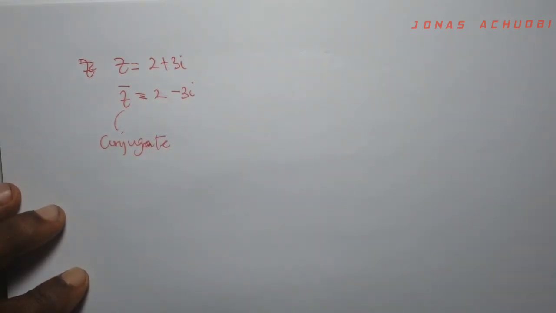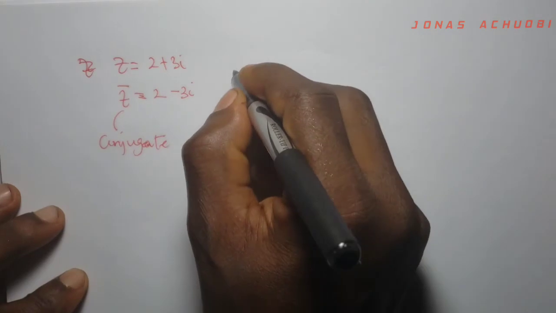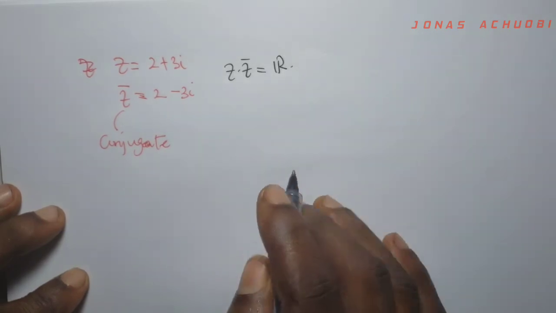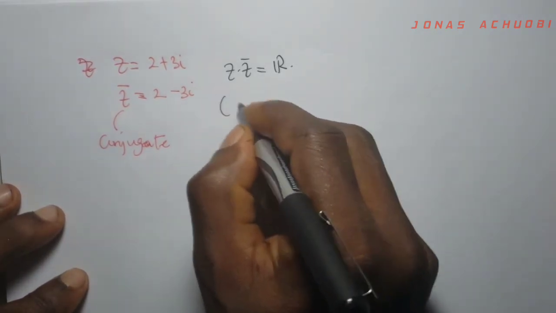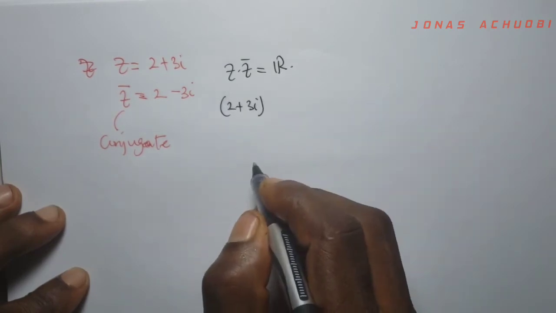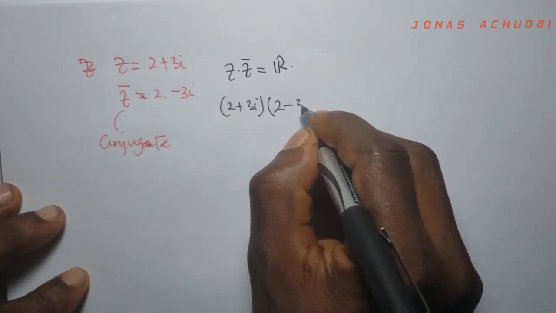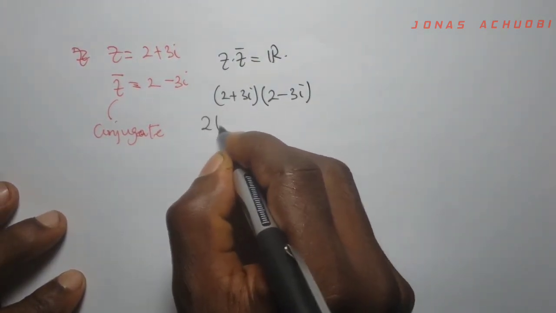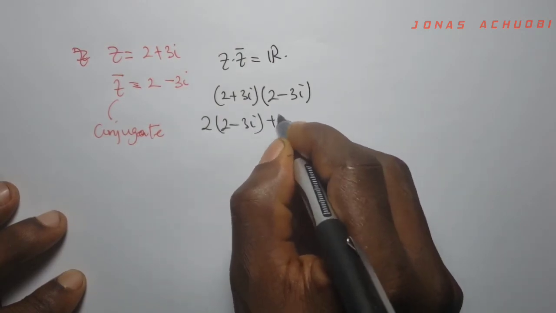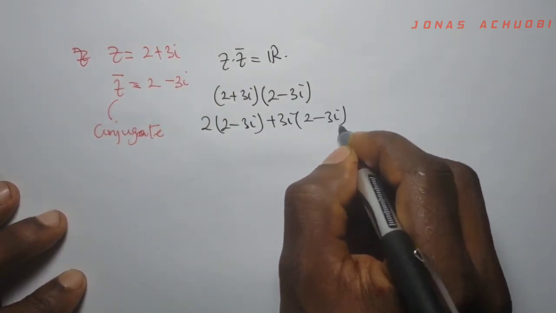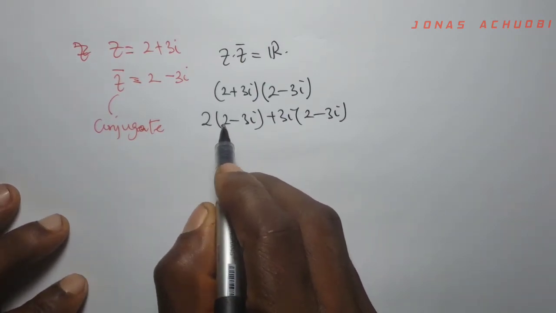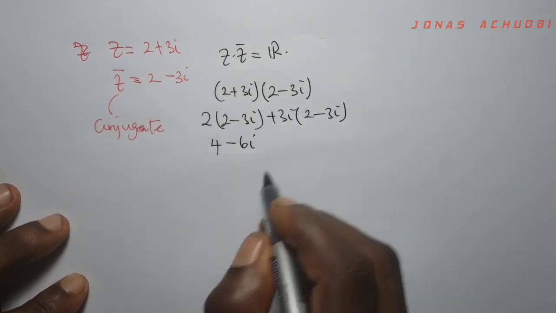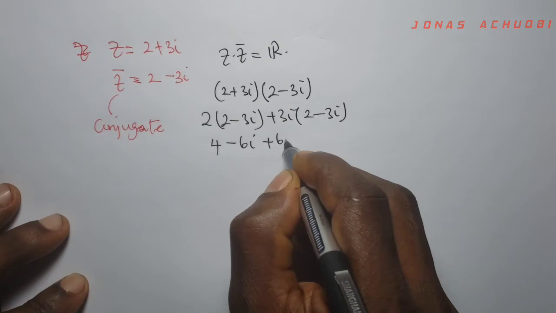We are saying now that if we multiply this complex number z by its conjugate, we are going to have a real number, and that's an interesting result. Let us see. So here we have 2 plus 3i, and then the conjugate is 2 minus 3i. So we multiply. This is 2 into 2 minus 3i plus 3i into 2 minus 3i. So 2 times 2 is 4. 2 times minus 3i is negative 6i. 3i times 2 is plus 6i.